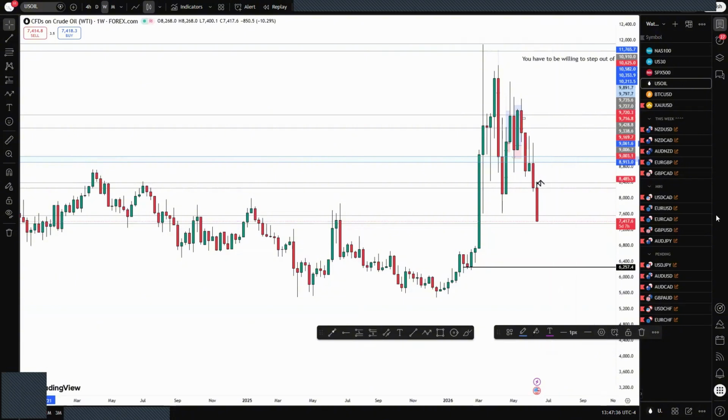So this is the goodness of choosing only a few pairs you trade, you see, because you get to study them, you get to know them. Like now I know that this pair is very volatile. ADNZD is slow but clean. NZD card and USD card move the same direction.